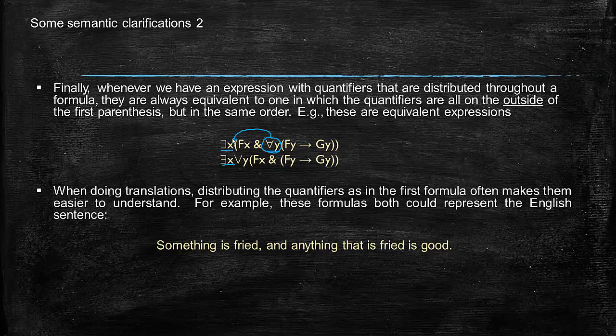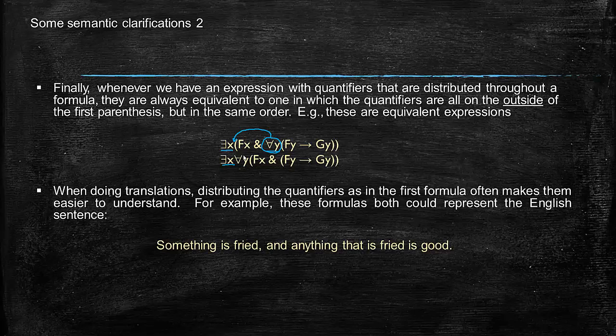However, it also might be a proposition that's not really all that easy to understand in English. So this formula up here might be interpreted as something like this. Say, let F be fried and G be good. So this could mean something is fried and anything that is fried is good.